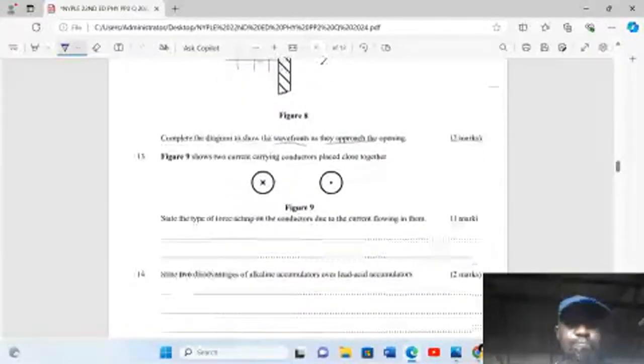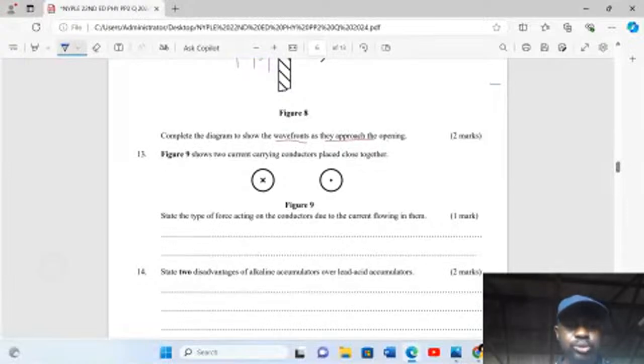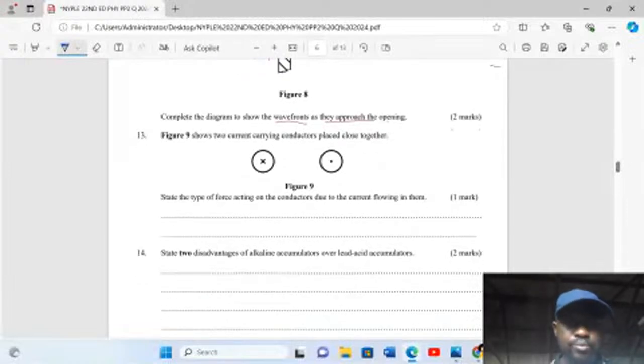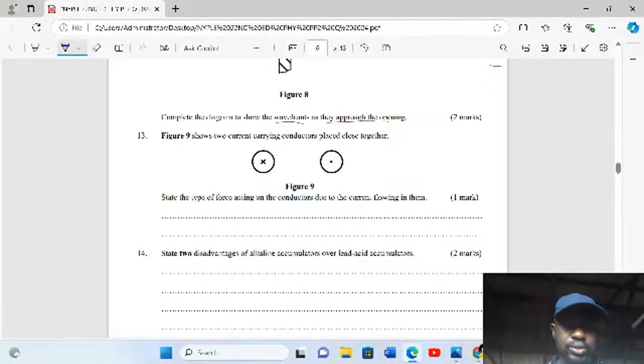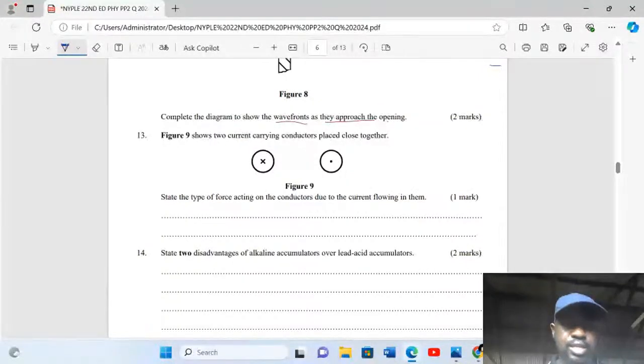The figure shows two current carrying conductors placed close to each other. Then you are told to state the type of force acting between the conductors due to the current that is flowing.